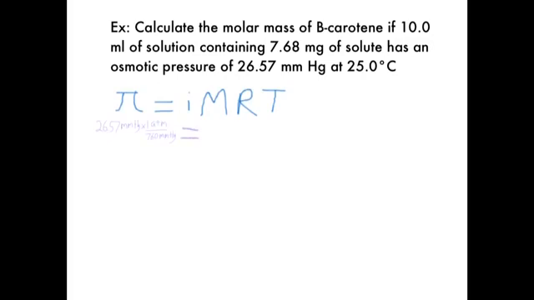i is again going to be 1 because beta-carotene has a weird name, that means it's covalent. M is the molarity, and I don't know what that is because I don't have the molar mass of beta-carotene. R is 0.0821 atmosphere liters per mole Kelvin. And then finally my temperature has to be in Kelvin because of the units of R. So that's going to be 298 Kelvin.